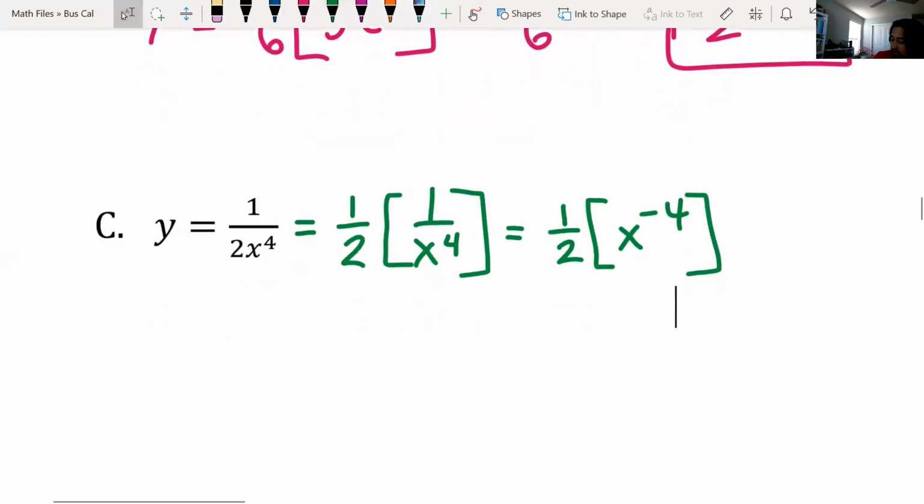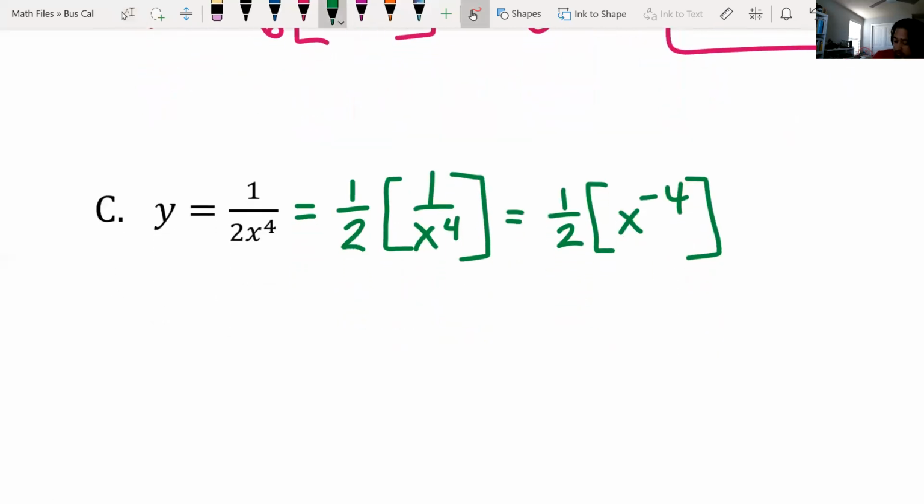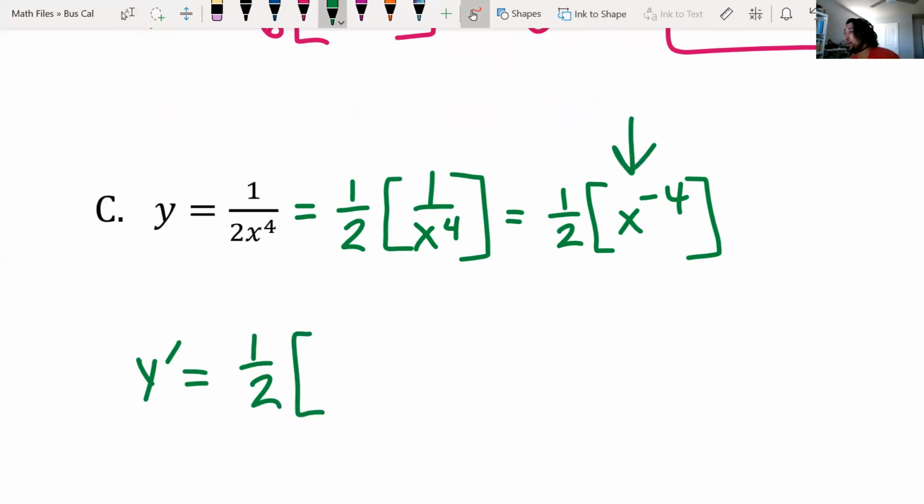So let's go ahead and do that. And we'll get y prime, that 1/2 stays out front. And now all I want is the derivative of x to the negative 4.